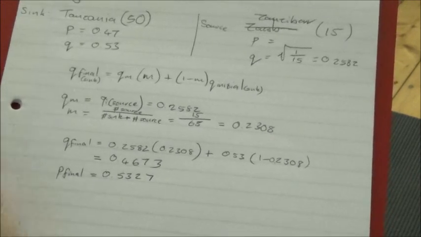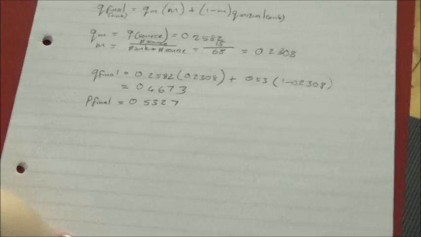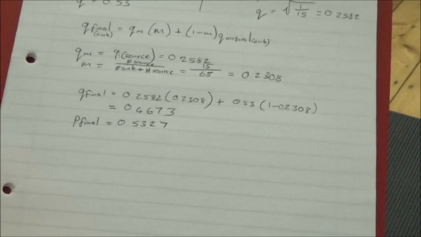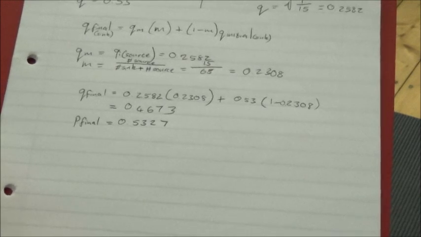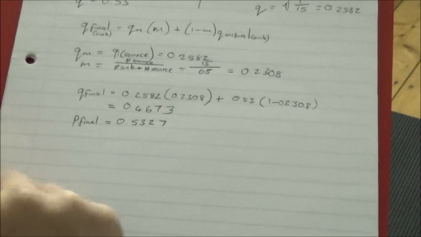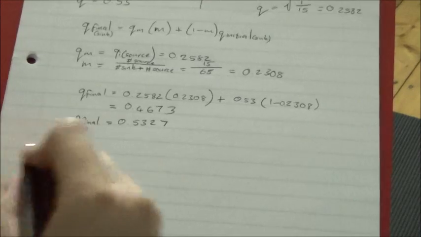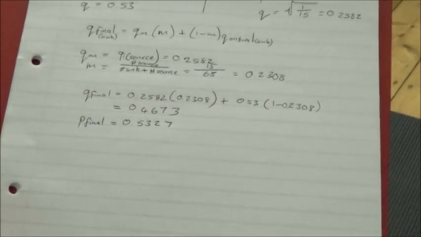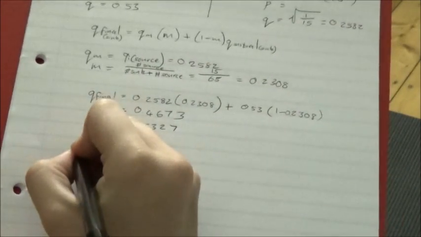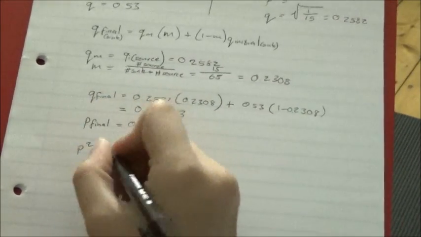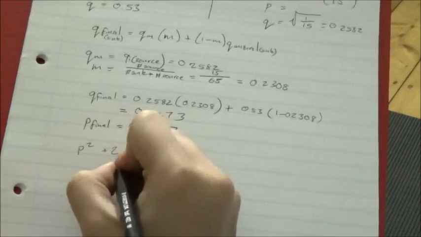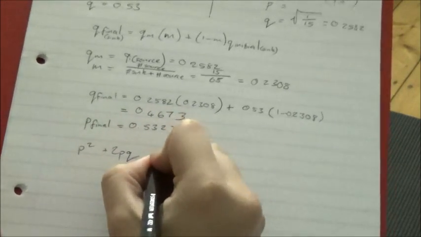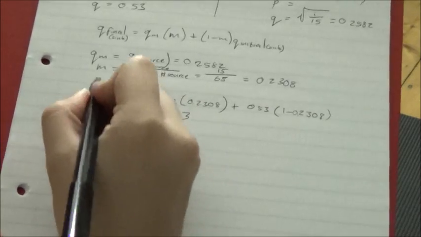So we can just use the values we have here. So how do we find the number of individuals of each genotype in the next generation? Obviously our capsaicin-sensitive individuals are going to be made up of the P squared and 2PQ individuals, and that can be calculated by using these values here.